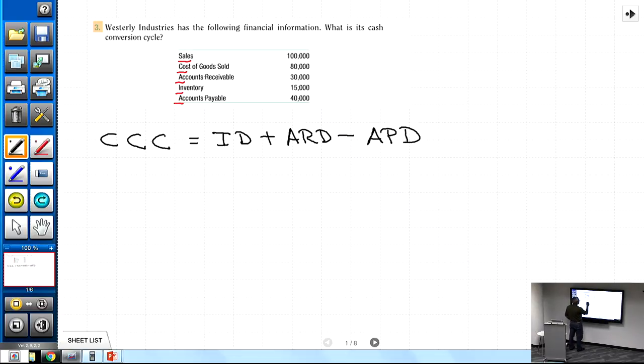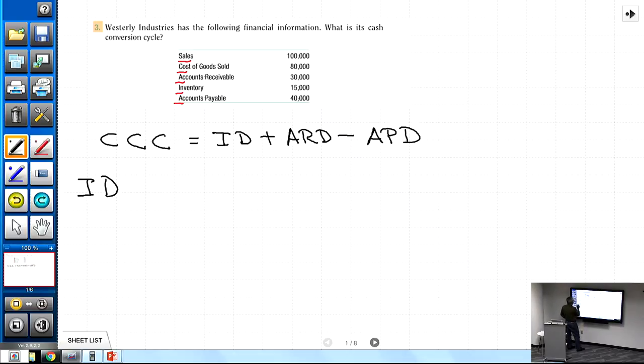So how many days does it take to convert inventory into sales? How long does it take to collect your accounts receivable? Minus how long does it take you to make good on your accounts payable?